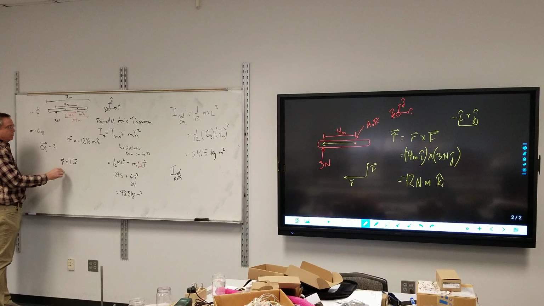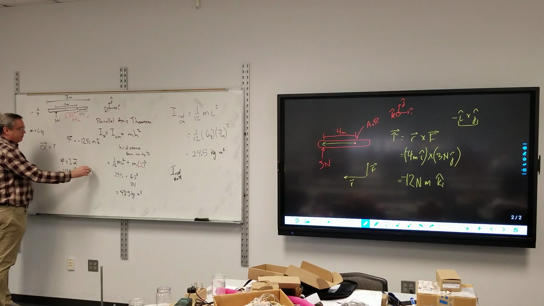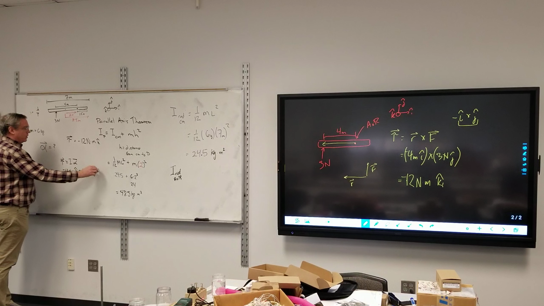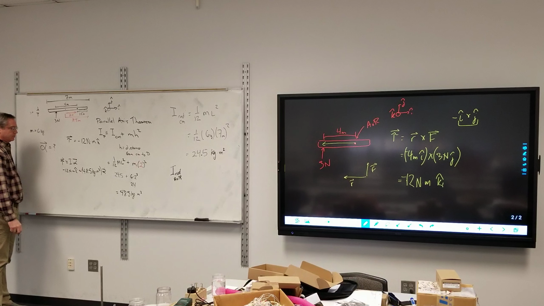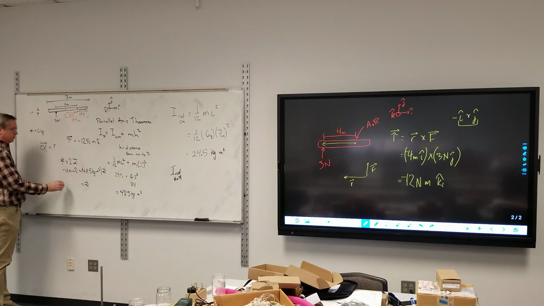And so negative 12 Newton meters k hat equals 48.5 kilogram meter squared times alpha. And so we end up with alpha equal negative 12 over 48.5 k hat Newton meters per kilogram meter squared.